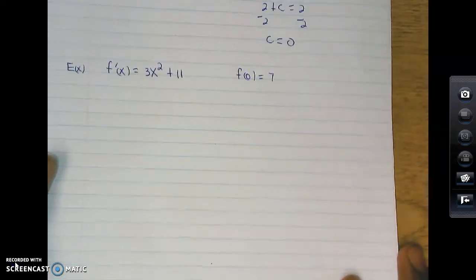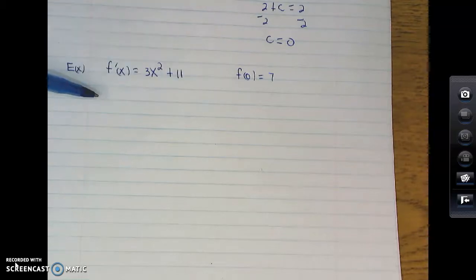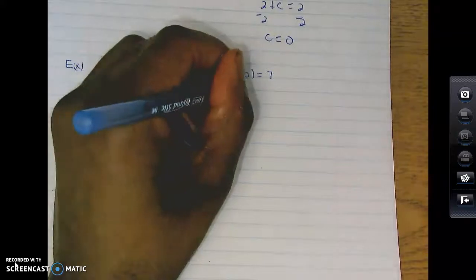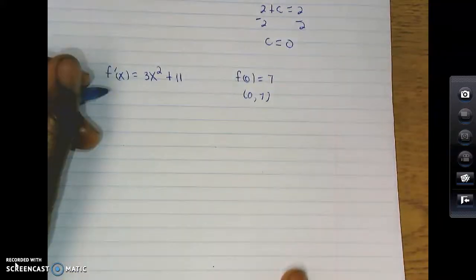Alright, so let's go ahead and finish this one. We need to find f of x. I've given you the derivative, so since I want to find f of x and I have only the derivative and a point on the graph of f of x, because they've given us (0, 7), right? So we need to take the antiderivative.